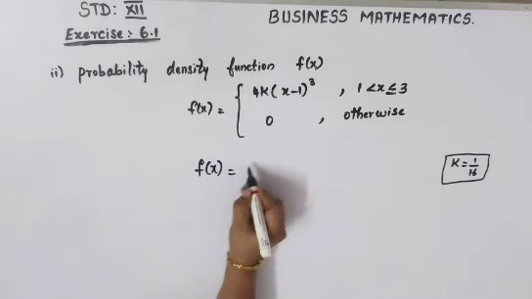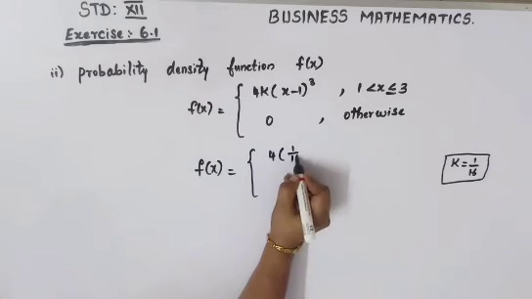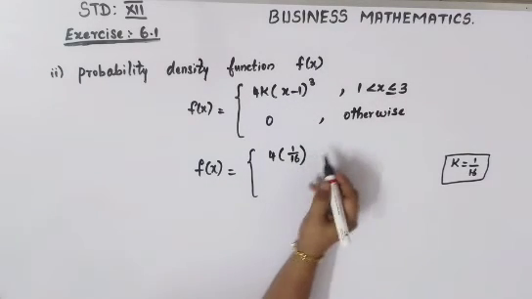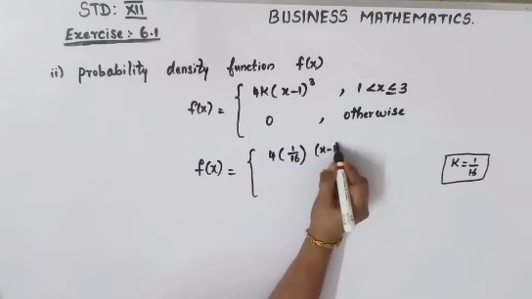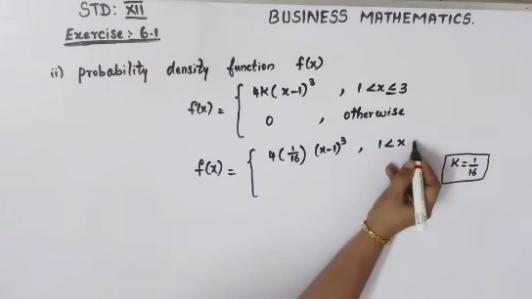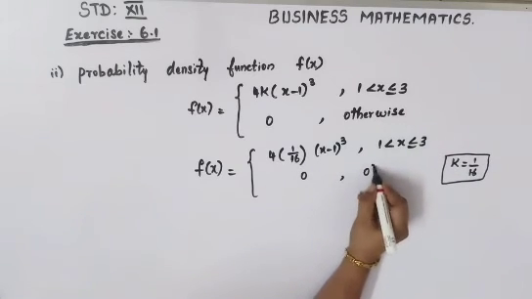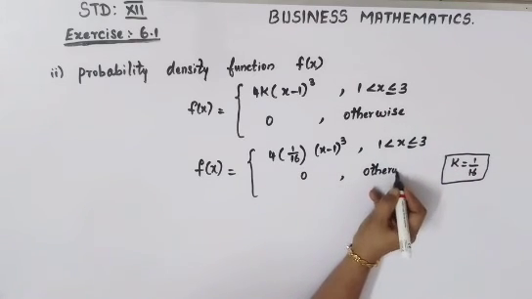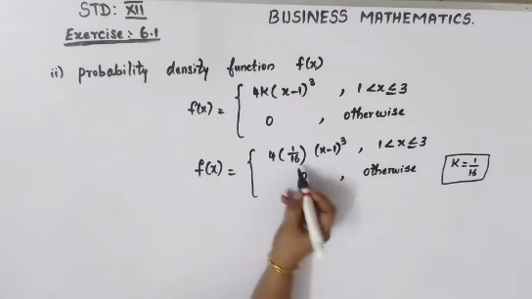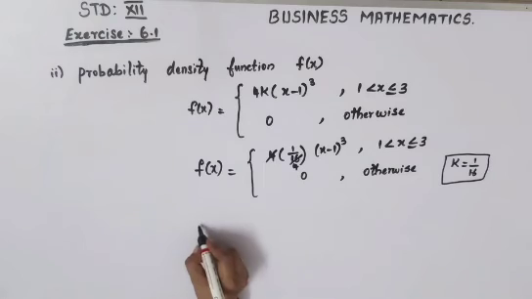Okay, so f of x is equal to 4 into 1 by 16. Instead of k, write 1 by 16 into (x minus 1) the whole cube for the interval 1 less than x less than or equal to 3, or 0 otherwise. So now solving 4 and 16 you will get 4 times.